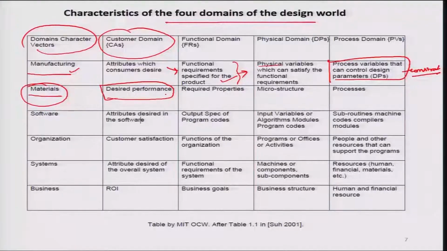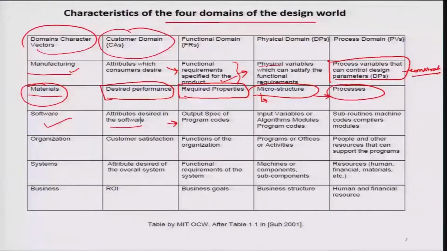A lightweight cycle is a functional requirement, so you require some properties for that: how you will make it, what the microstructure will be, or other parameters like mechanical, chemical and electrical properties, etc., and by which process you are going to make it. Again, in the case of software, there are attributes desired in software. Again, you will have to convert them in the functional domain, into output specs of program codes, and so on.